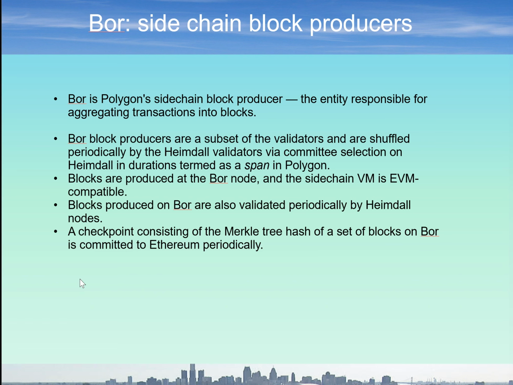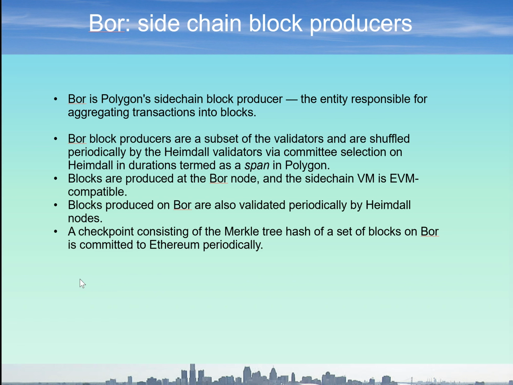And blocks produced on Bor are also validated periodically by the Heimdall nodes. Finally, as we mentioned earlier, a checkpoint consisting of the Merkle tree hash of a set of blocks on Bor in that particular span is going to be committed to Ethereum periodically.